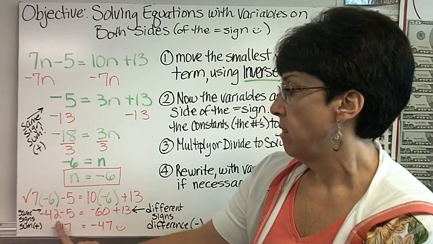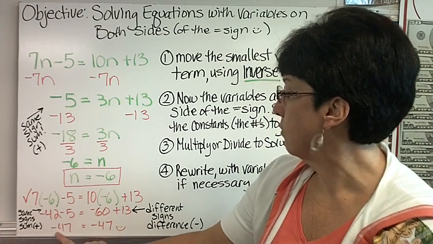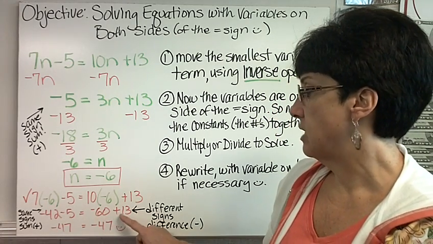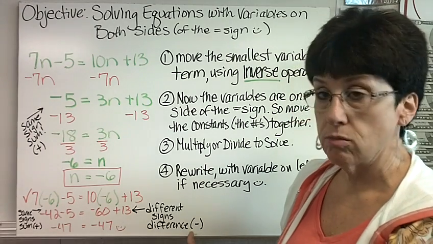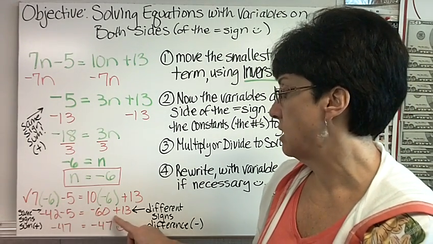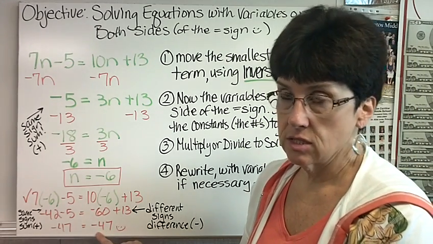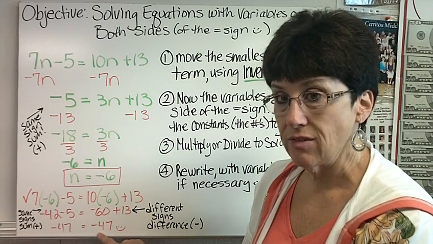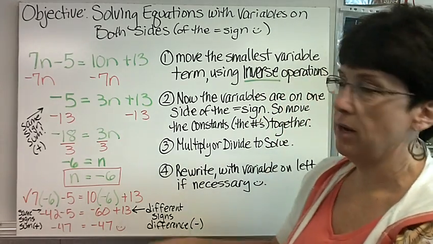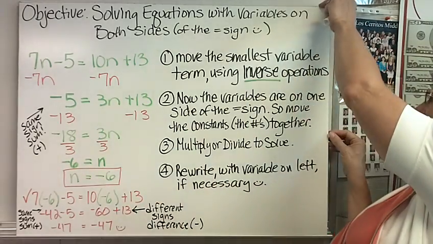But anyhow, -42 minus 5 is -47. Here I have -60 plus 13. These are different signs, so you take the difference, which is subtraction, so I do 60 minus 13 and I get 47, and I know it's -47 because there were more negatives to begin with. All right, I did a lot of talking on that one. I won't do as much on these.